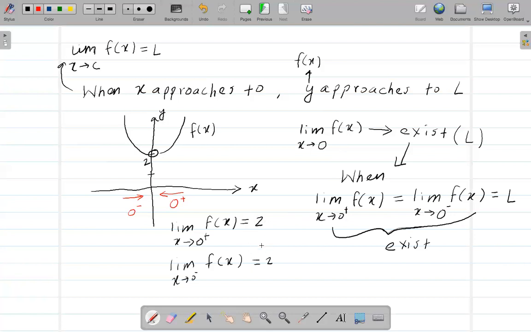So the limit of f of x as x goes to just 0 should be 2. All right. If you have this, you can say this, and if you have this, you can say this. It goes both ways.